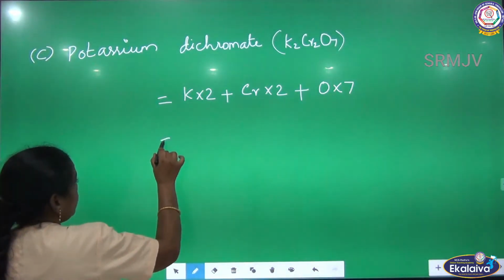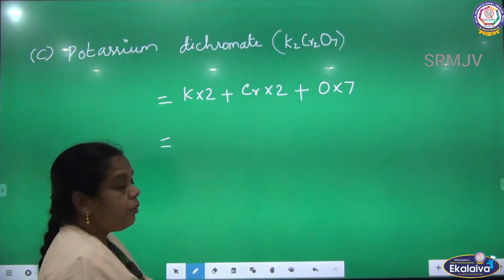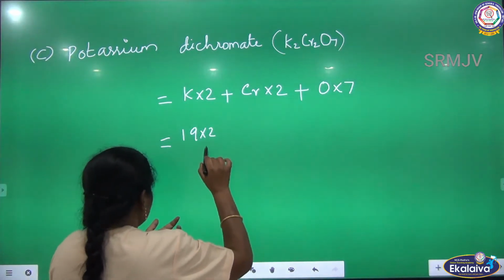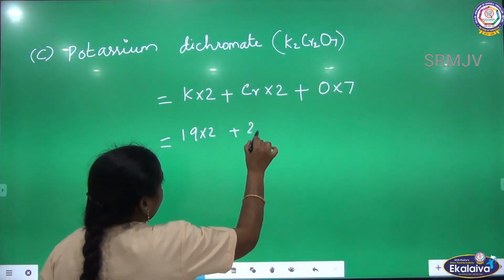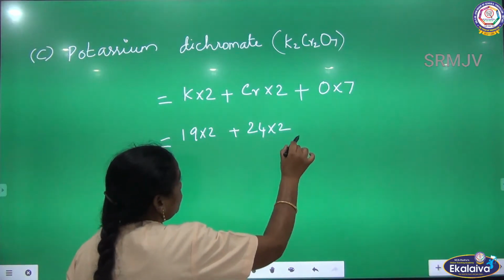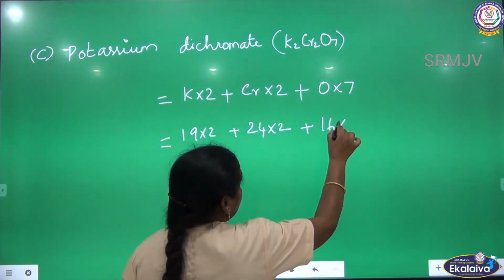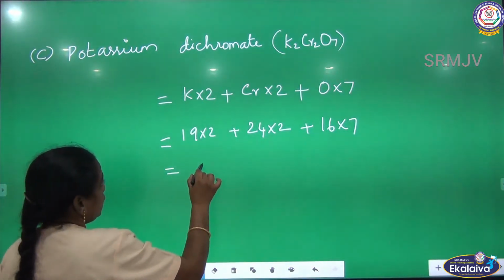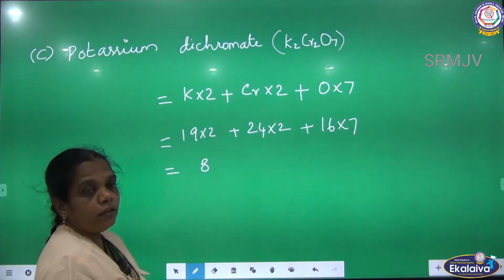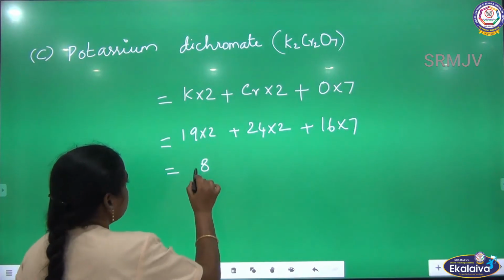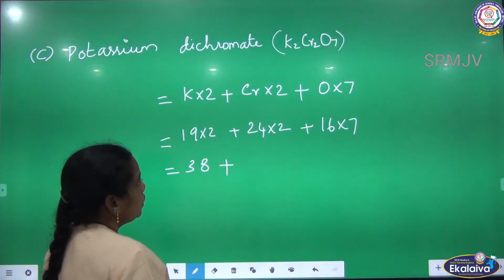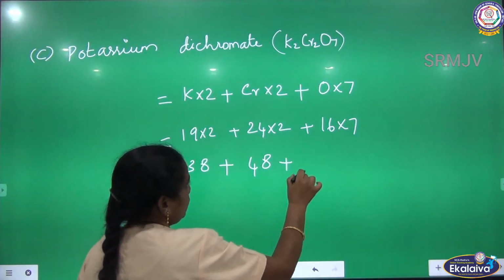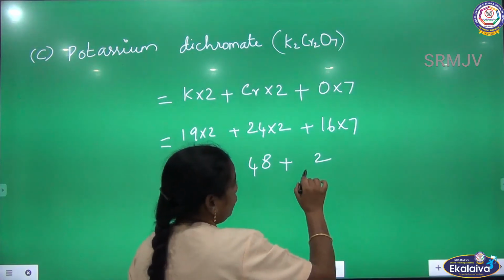So now you have to substitute the atomic mass. Atomic mass of potassium 39 into 2, plus chromium 52 into 2, plus 16 into 7. 9 2s are 18, remainder 1. 2 into 1, 2 plus 1, 3, plus 2 4s are 8. 2 into 2, 4 plus 42. 7 6s are 42.